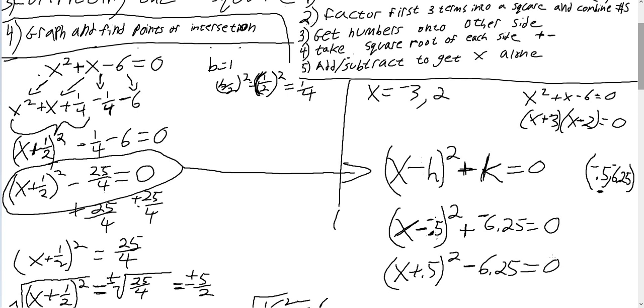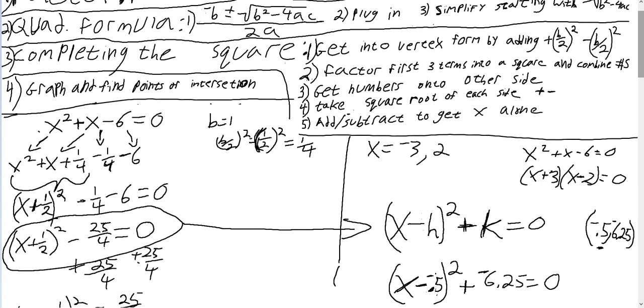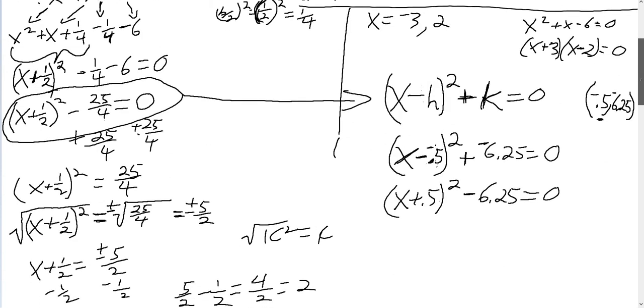So now they're almost the same. The only difference is that this on the right is in decimal, and this is in fraction. That might bother your teacher. I don't know if he'll take off points for that, but technically they are the same thing. So using the graph, we can use that for factoring, and we can also use it to find the vertex.